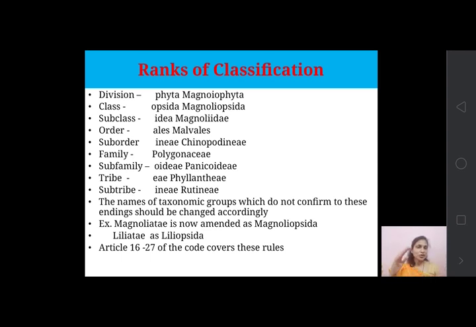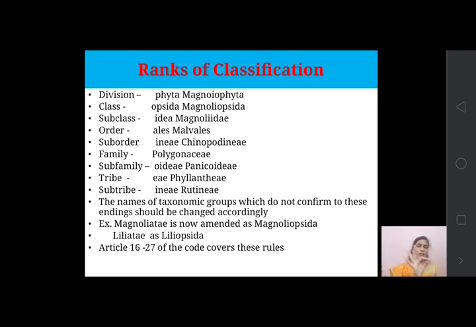The names of taxonomic groups which do not conform to these endings should be changed accordingly. For example, Magnoliaceae.